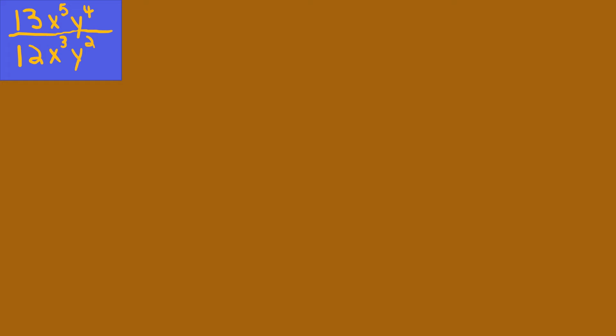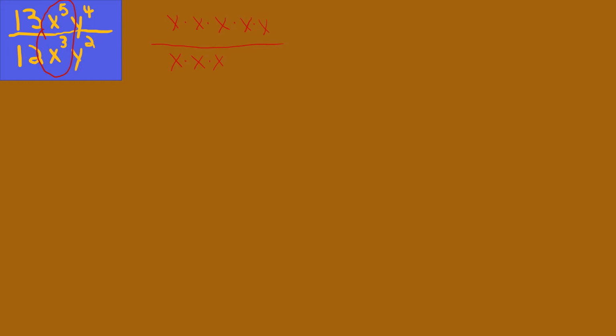Let me write it down right here so you understand what I'm talking about. So right here, let me go ahead and circle that. This could also be written as x times x times x times x times x over x times x times x.